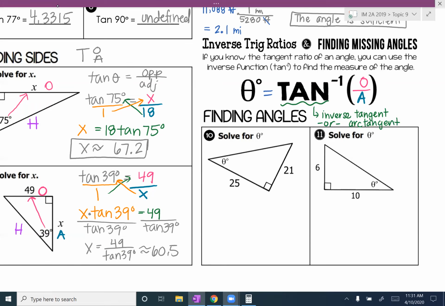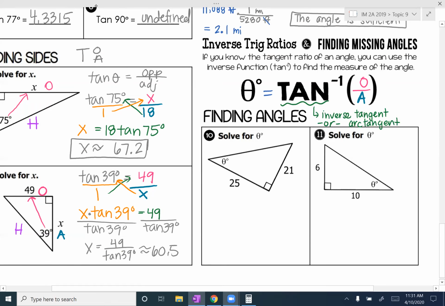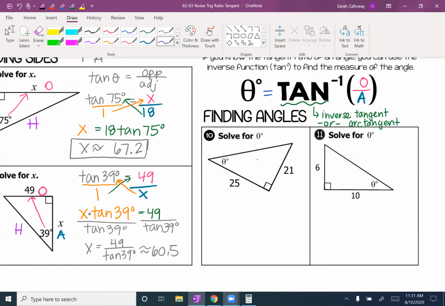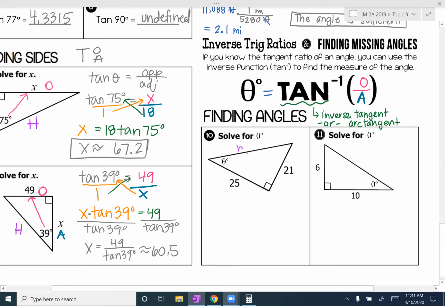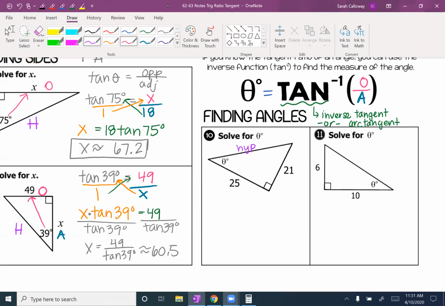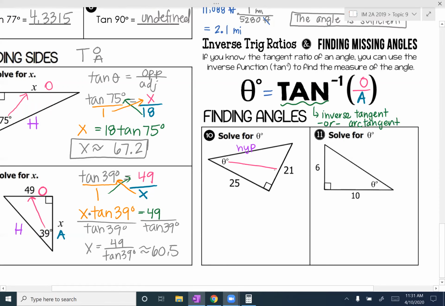So let's start with identifying our hypotenuse. Right angle here, so that means that the hypotenuse is this diagonal side on this triangle. Since theta is here, that means that 21 is the opposite side. And then that 25 is the adjacent side.